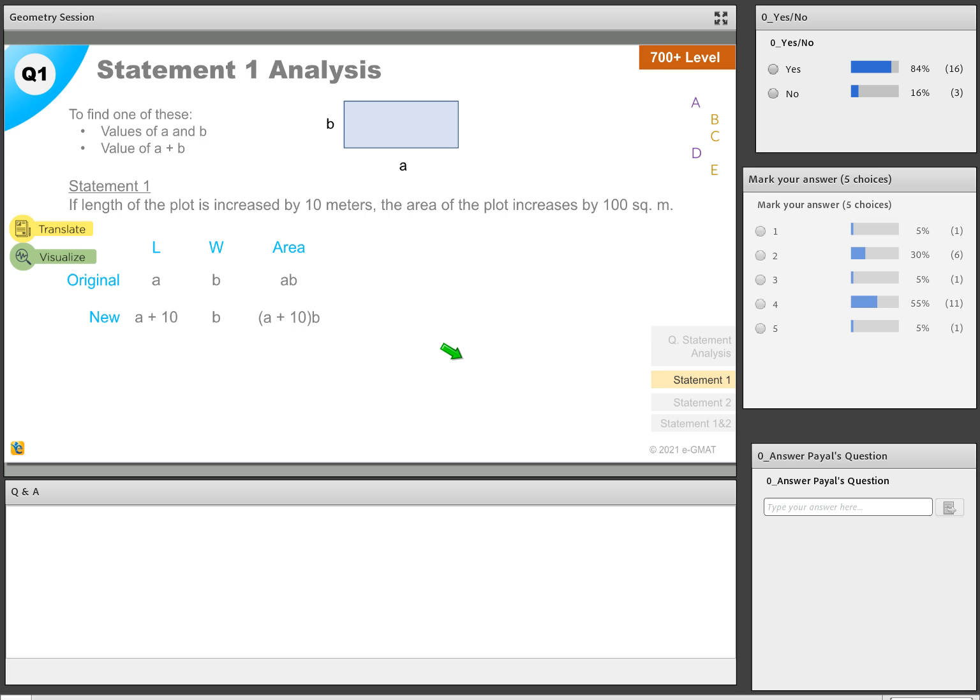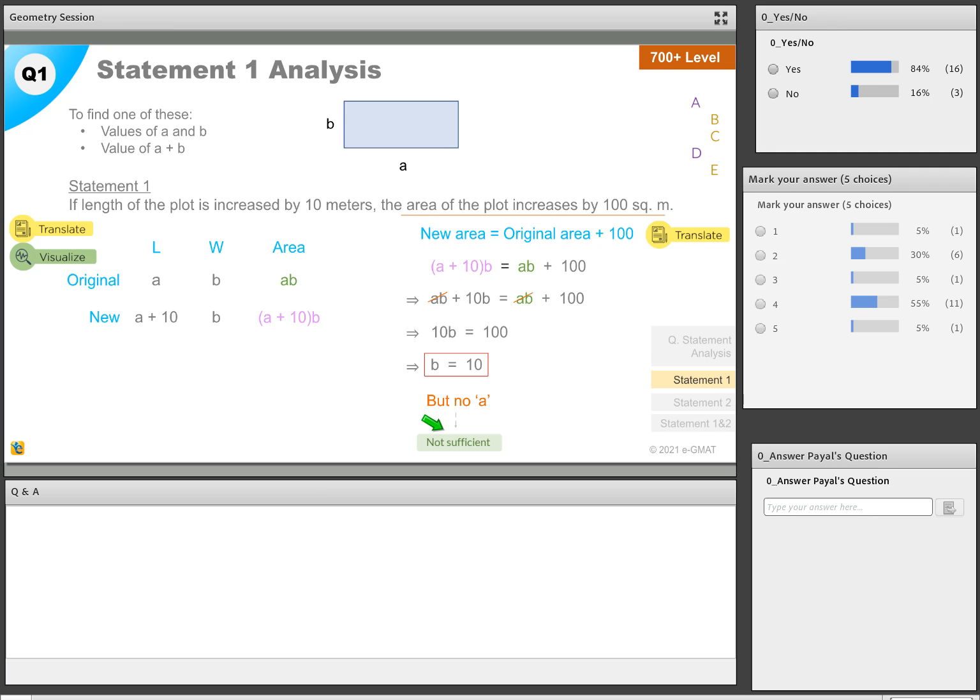The area of the plot increases by 100 square meters, which means that the relationship between new area and original area is linked using this equation: new area is equal to original area plus 100. Now you take the information from the table with regards to the area, you put that information here and process it. What you get is B is equal to 10. You have no information about A, which means that statement 1 is insufficient.